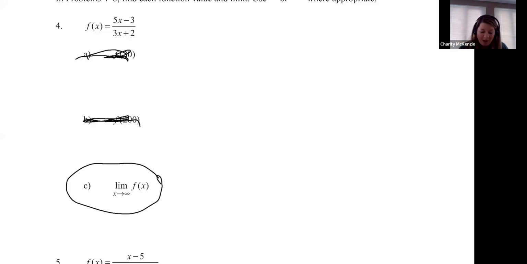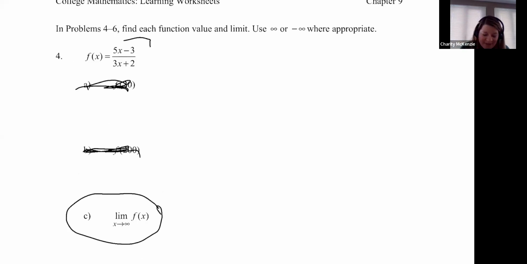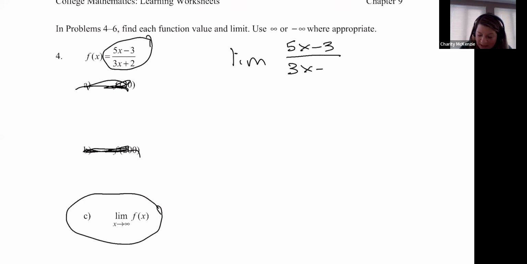You have to know, okay, what is the limit of this as I put in infinity. So when I go to a test, it's going to be written like this: 5x minus 3 over 3x plus 2. And I'll show you why they're doing that. They set it up the way they did, which is fine. This is how that problem is going to be written.